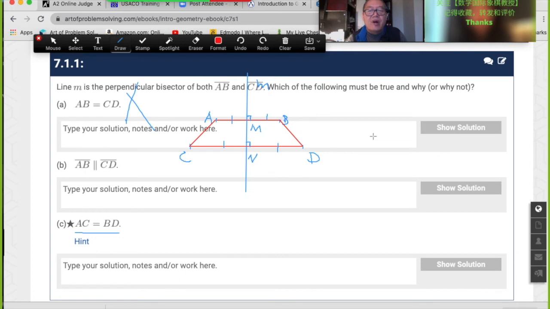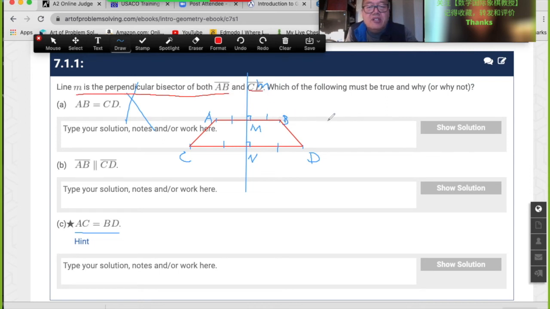Can you draw on my screen? Like maybe when this is longer. If this is longer, then M is not the perpendicular bisector of AB. They give you the condition that M is the perpendicular bisector of AB and CD.